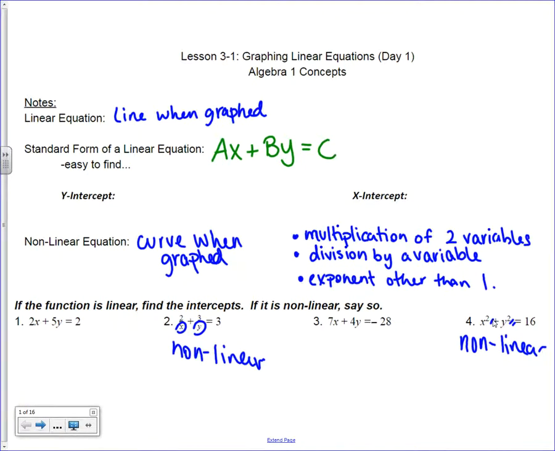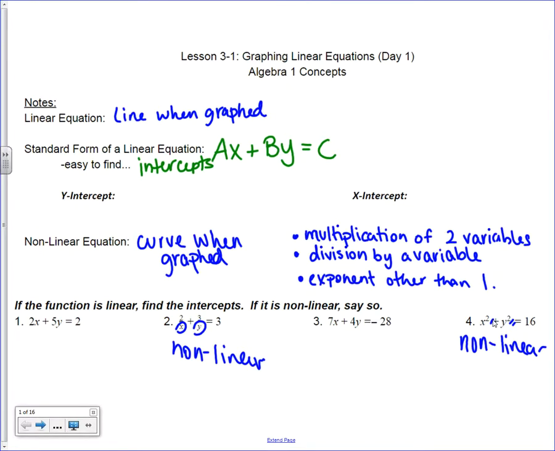Okay? Standard form makes it super easy to find intercepts. My question is, what are intercepts? If I say, find me the y-intercept or find me the x-intercept, how do I know where that is?